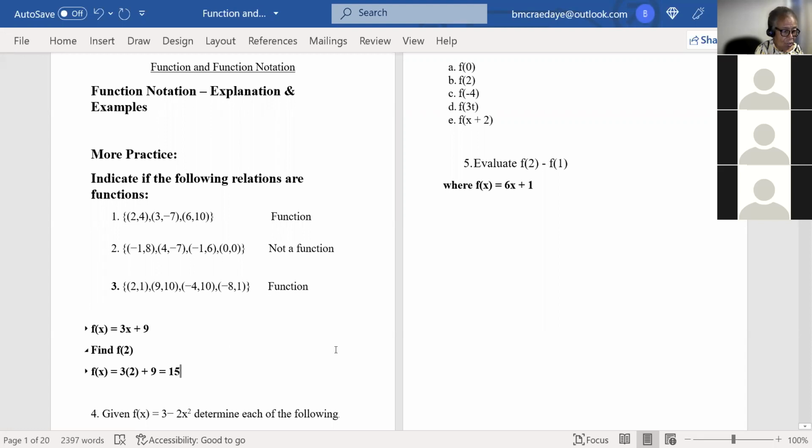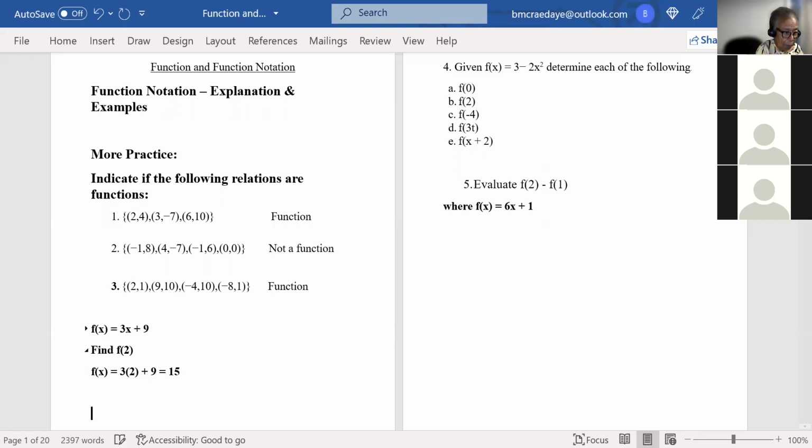Okay, now let's do another one. Let's say f of x equals, let's see, I want to copy something here.